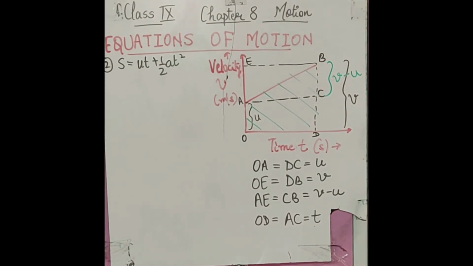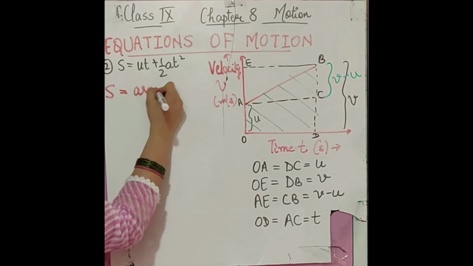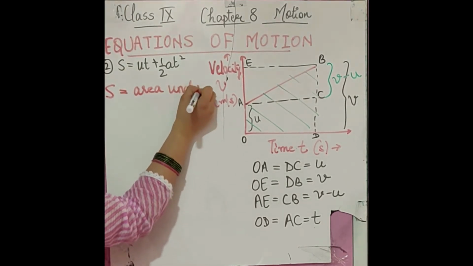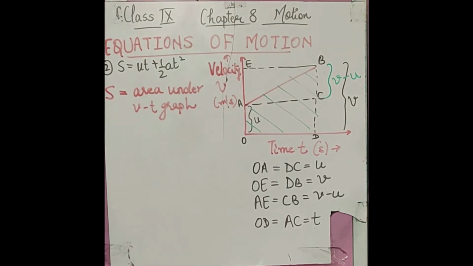So I'll take the area of triangle plus area of rectangle. Okay, so we have S is equal to area under the VT graph. So let's calculate this area.